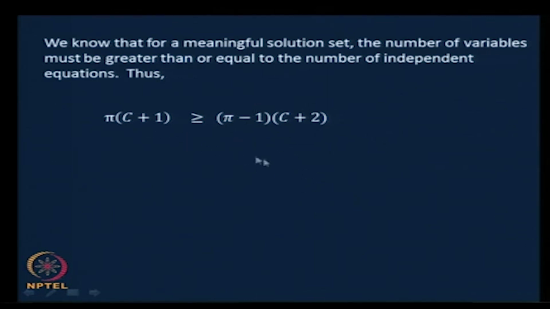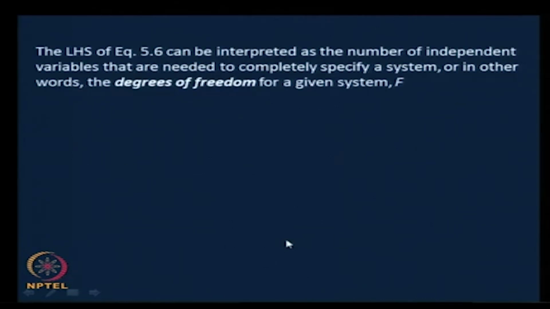And then when we transposed this to get a 0 on the right hand side, we got C minus pi plus 2 must be greater than or equal to 0. In other words, if C minus pi plus 2 equals 0, we have a unique solution set, and if C minus pi plus 2 is greater than 0, then if we are able to supply that many variables, the system is uniquely defined. That is essentially what this means, and this is what brought us to the concept of degrees of freedom. This is where it arises from.